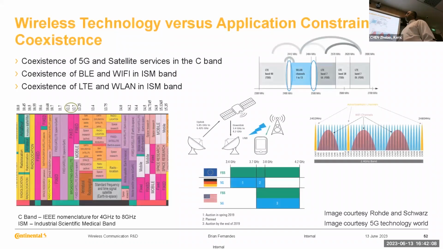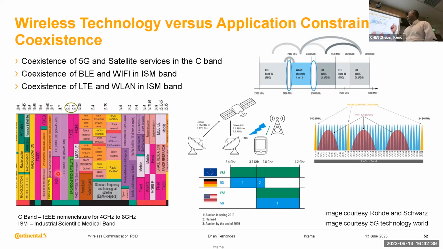Then, of course, something we call coexistence. In a lot of different countries, there are certain parts of the spectrum that cannot be used because they are restricted for military use, for example, and different countries allow different bands of the spectrum to be used for different products. What that means is that every standard that wants to use that band is essentially in the same band.